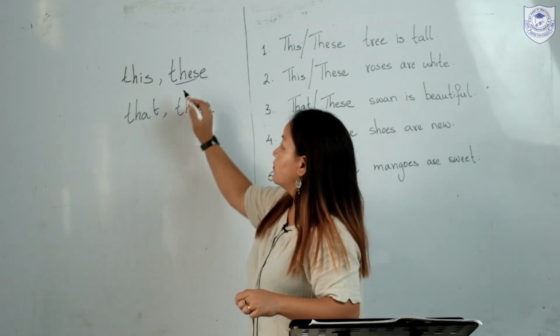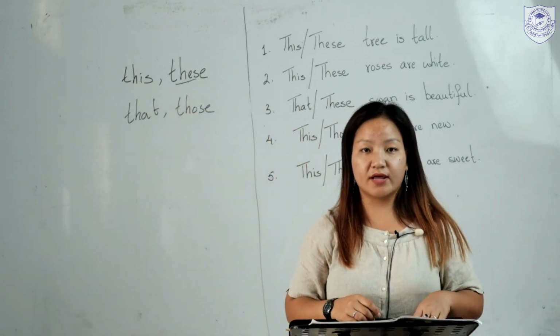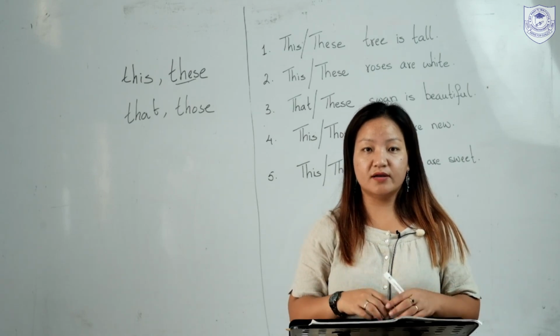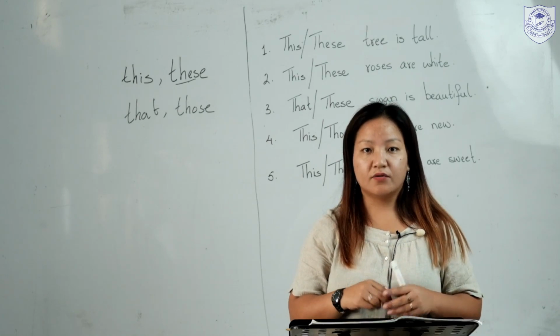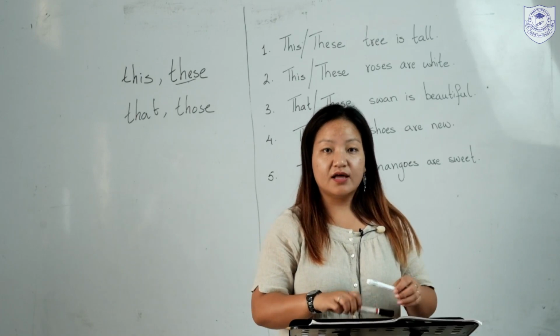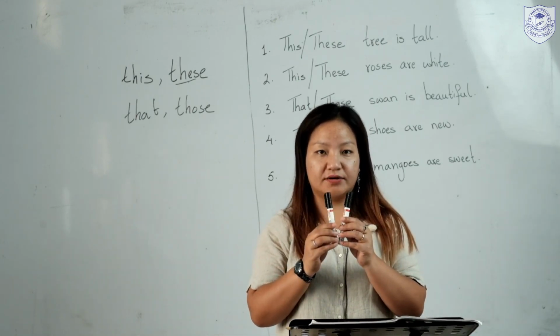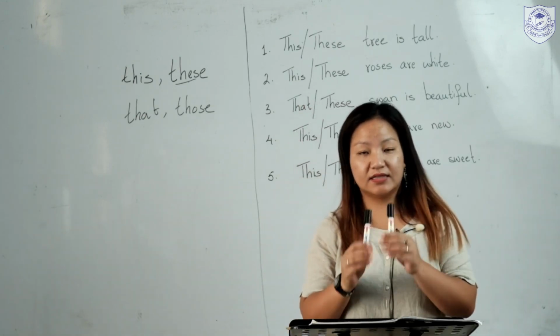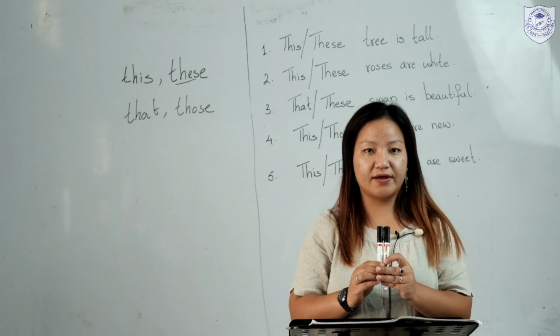And then here, these. When we say these, that means when we talk about more than one thing, okay? That means plural, okay? When we talk about more than one thing, we use these. For example, I have two markers here, right? And I can say these, T-H-E-S-E, these markers, all right?